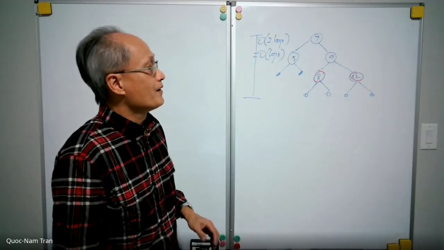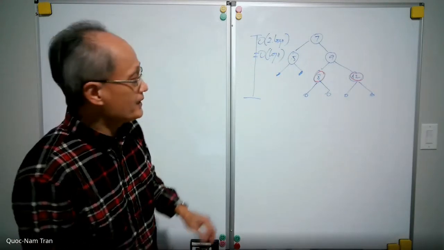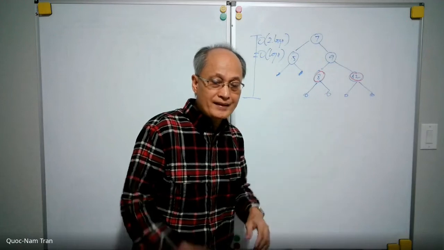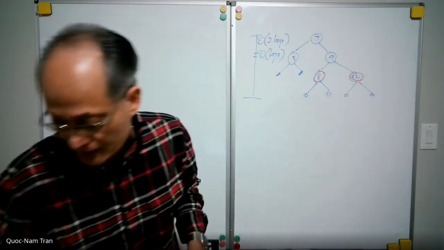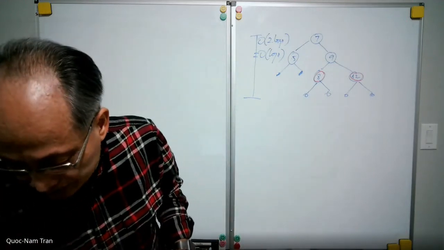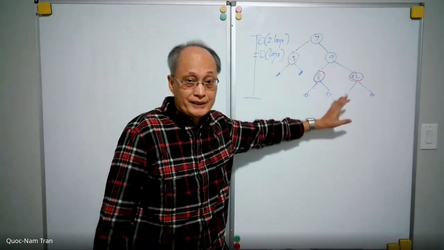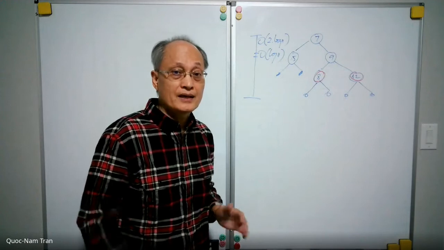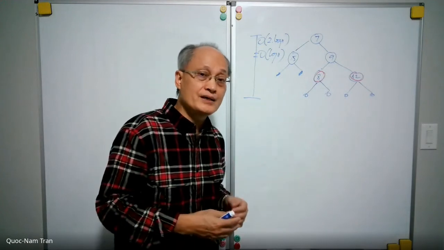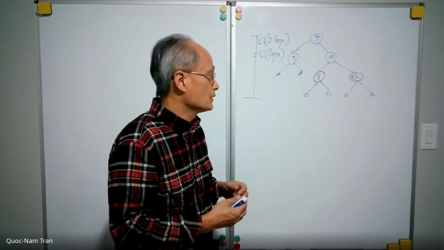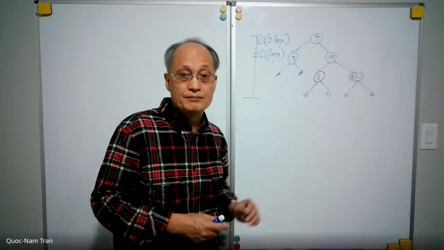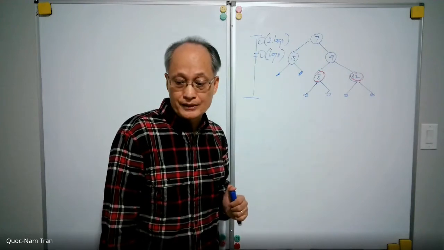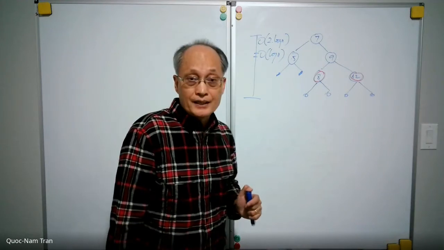So now, how can we handle the color? Starting with insertion. When you have a red-black tree, we will learn how to insert new elements and how to remove some elements from an existing red-black tree. So what should I do?